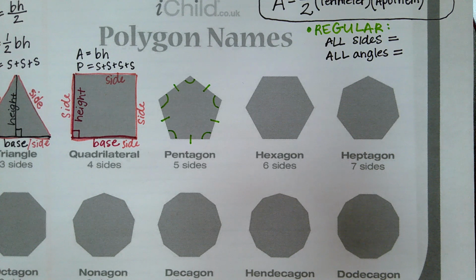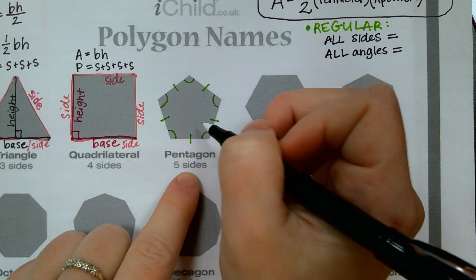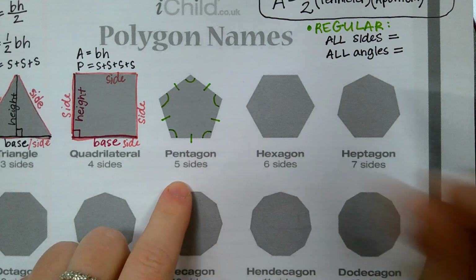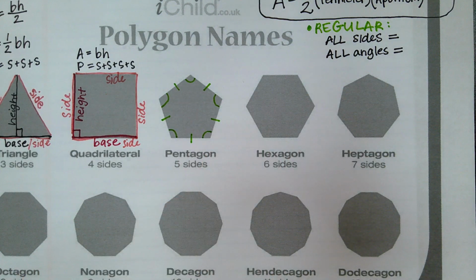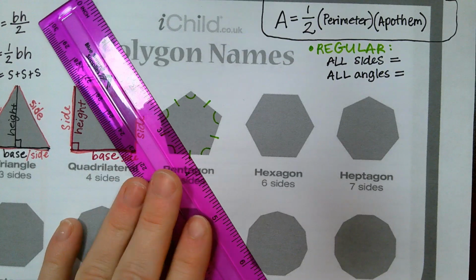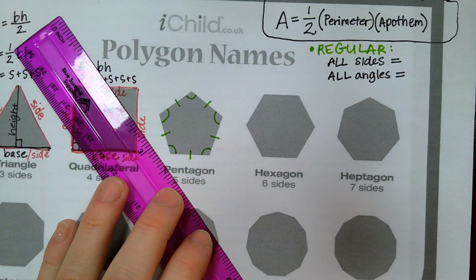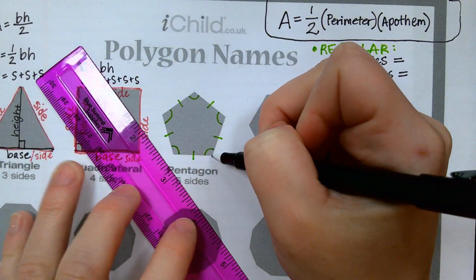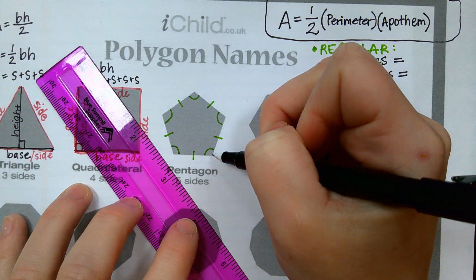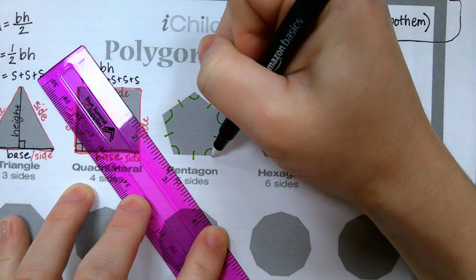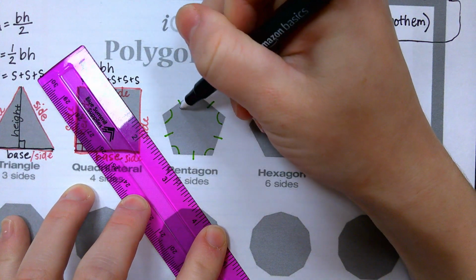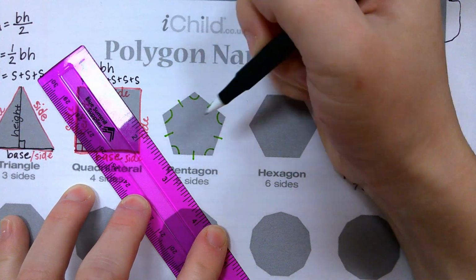What I want you to do now is look at your pentagon, and we're going to take a straight edge, a ruler, and draw lines going from each point, each vertex, to the middle of the opposite side.